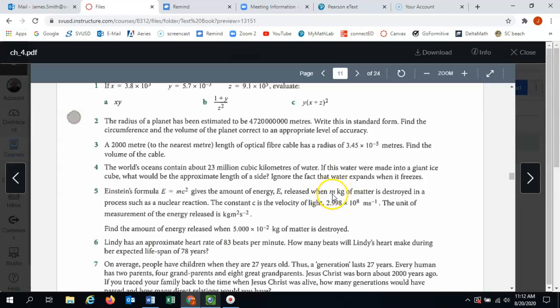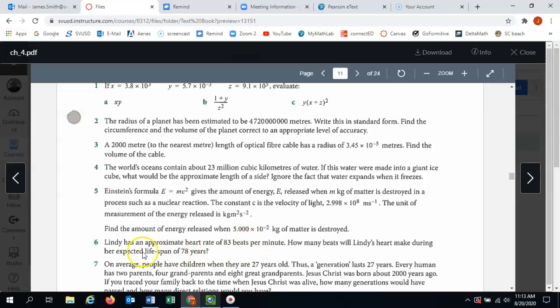So this is the one we don't know, is M. So this is going in for C. Where'd it go? This number. Sorry, there it is. So this is the number going in for E. So this is the energy, that's the number going in for E. You are solving for M. So after you plug in the value for C and for E, just solve that equation for M, get M by itself.